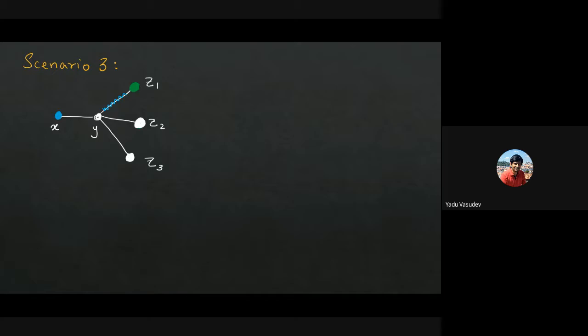So if you choose the edge y z1, xt plus 1 will become xt minus z1 union y, whereas yt plus 1 will be the same as yt.